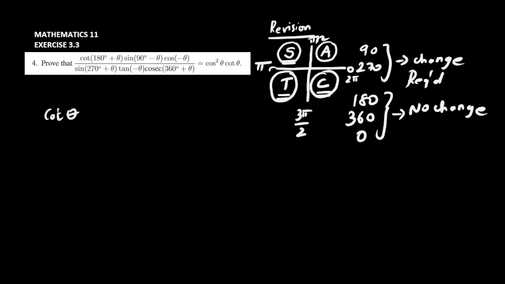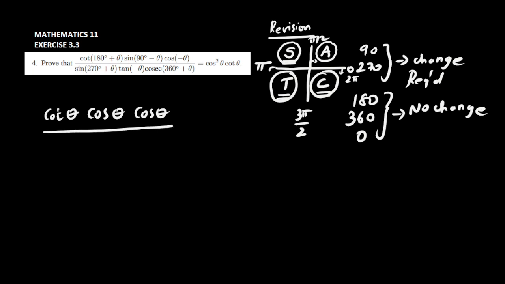Sine 90 minus theta is in the first quadrant, and because it's 90 you have to change the function, so it's cos theta. And then cos minus theta is in the fourth quadrant because it's minus theta, and cos is positive there, so it's cos theta.